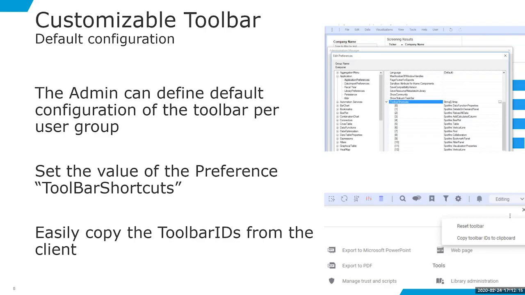So this toolbar shortcuts preference is just setting the default. Users can then change it, unless the admin disables the license that controls the toolbar shortcut. So if the admin would really like to be able to control the toolbar without having the individual users change it, that's possible too. The admin just needs to set the corresponding licenses in the right way.